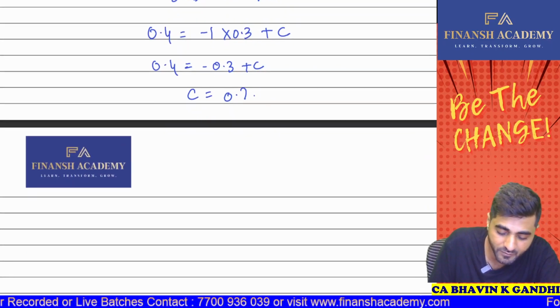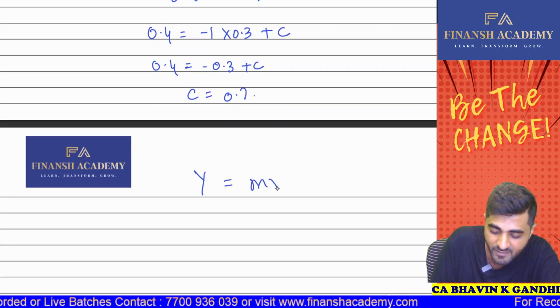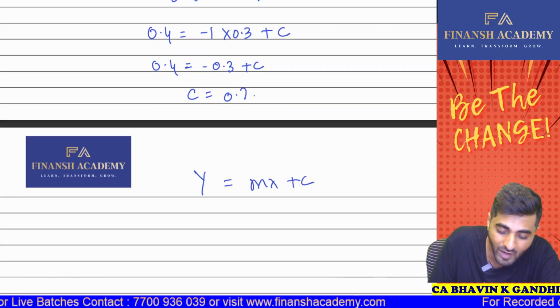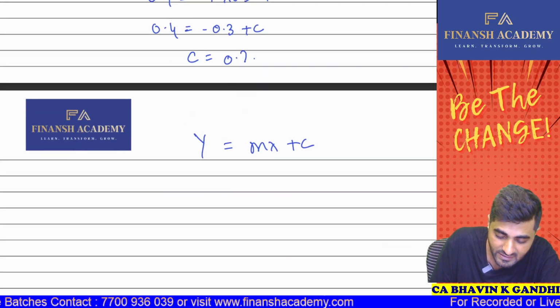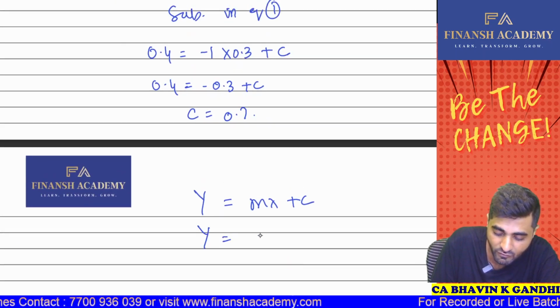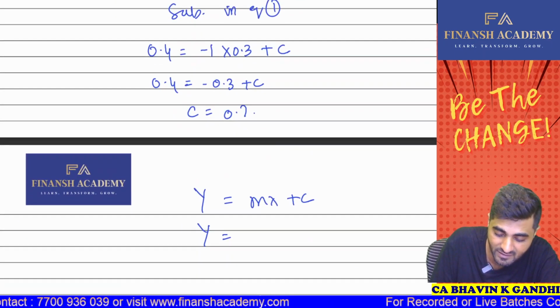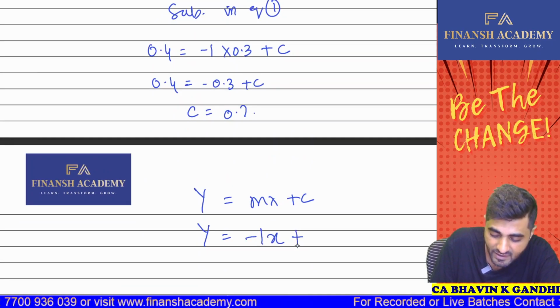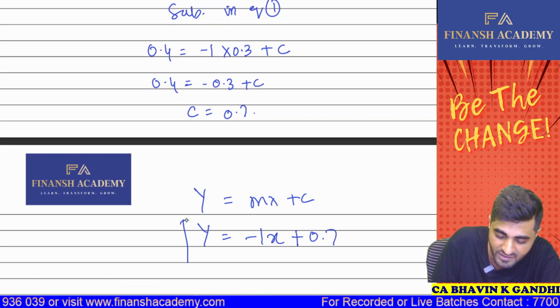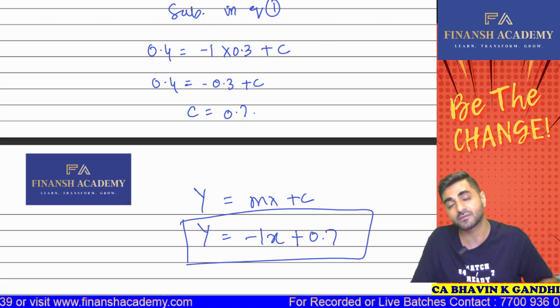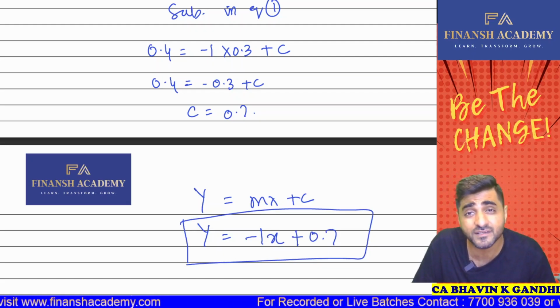That is why you will now get y equal to mx plus C, where m has come as minus 1 and C is 0.7. So this is one equation which we have developed. What is the outcome of this equation?